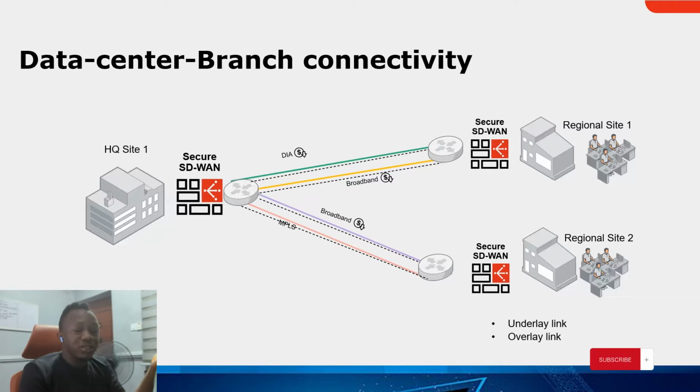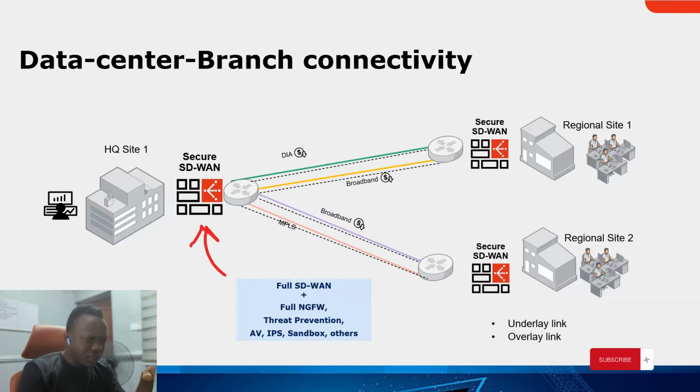And I'm going to demonstrate this in the lab using my two FortiGate devices, and also simulate the two ISP links that are terminated, and we'll create an overlay link with those two, so that we can have access to the resources online.